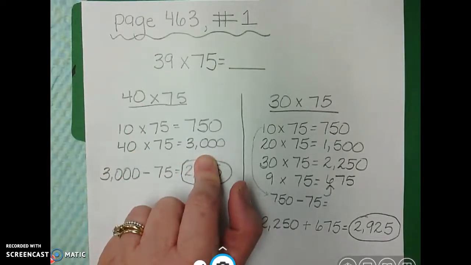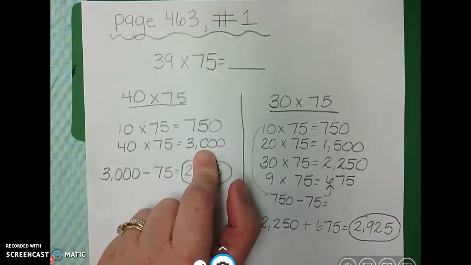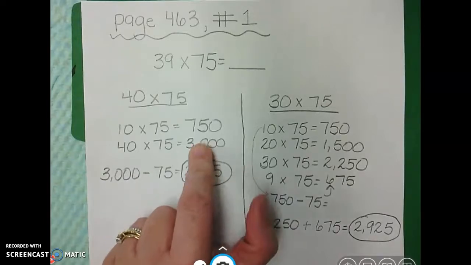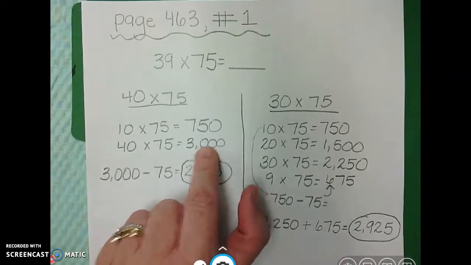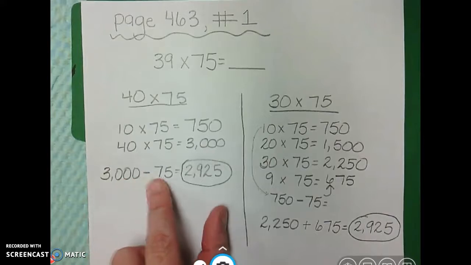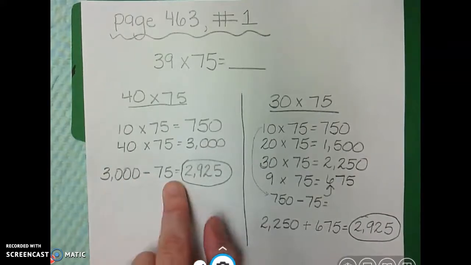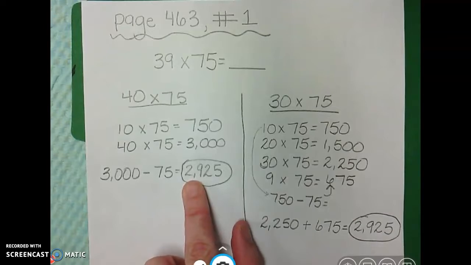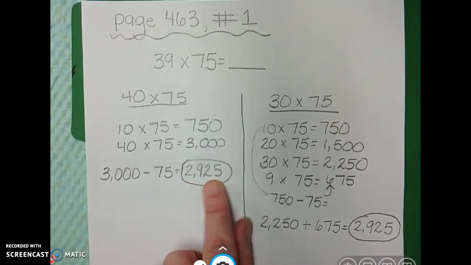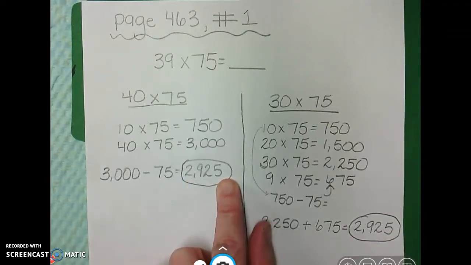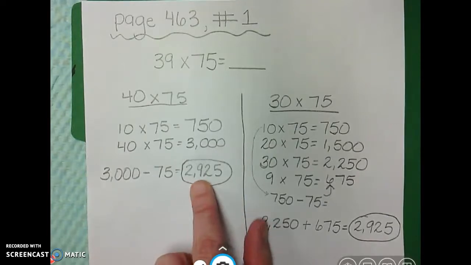But I can't use the answer of 3,000 because that is one group of 75 too much. So what's 3,000 minus that one group of 75? When I subtract that, I get 2,925. So 39 times 75 is 2,925.